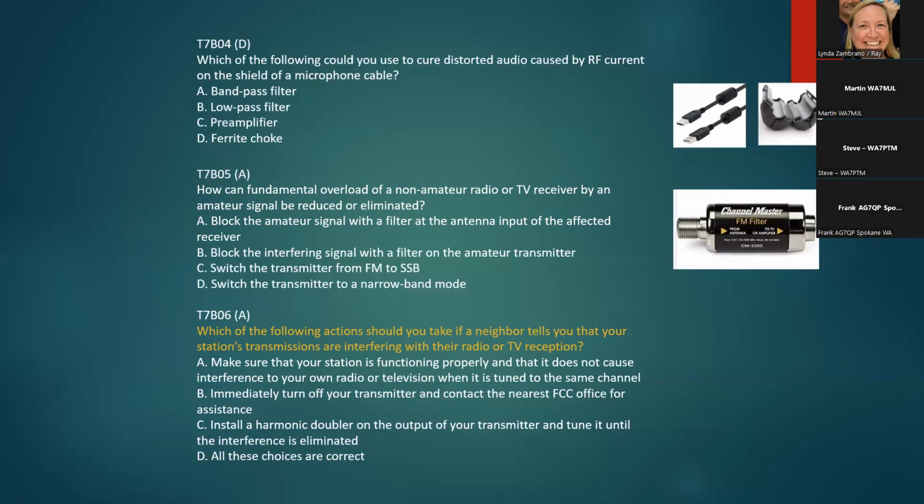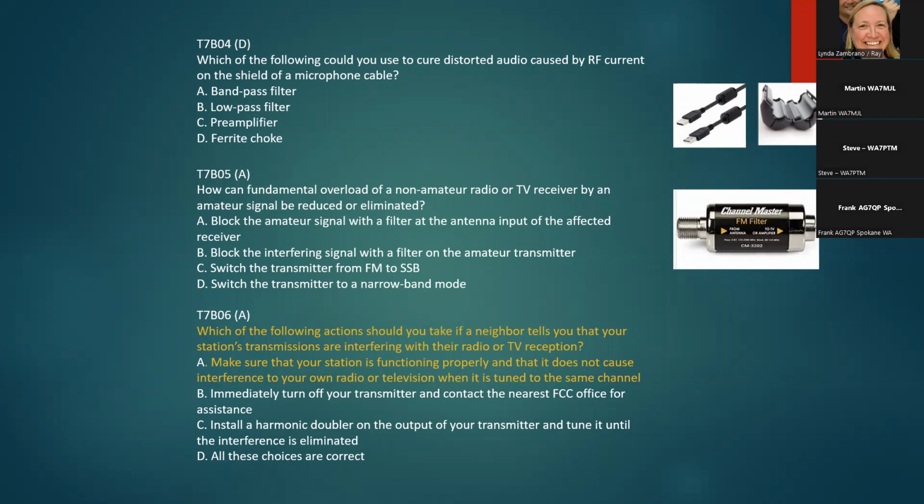It's oftentimes a fault in the cables or the selectivity of the person's TV, but you still want to try and keep them happy. But the answer is you need to make sure and be able to demonstrate that your station is functioning properly and is not causing interference to your neighbor's TV or radio.